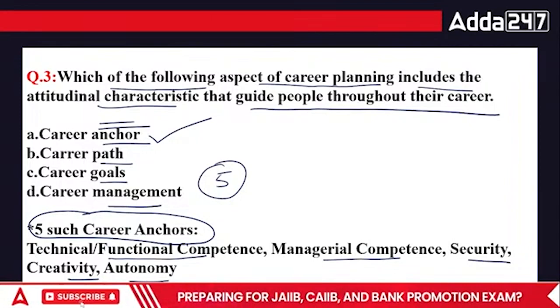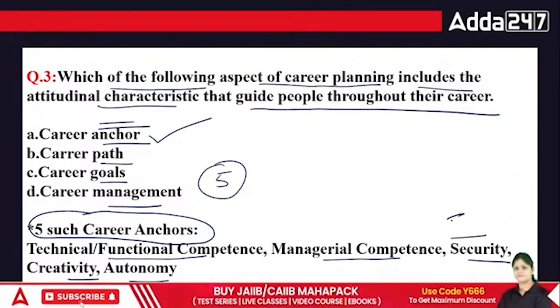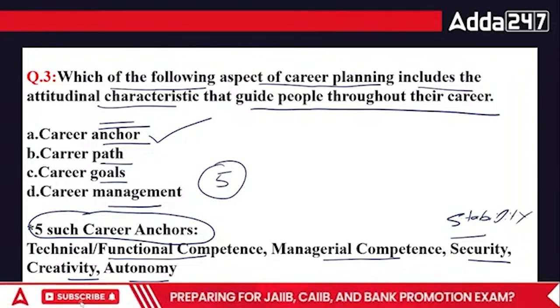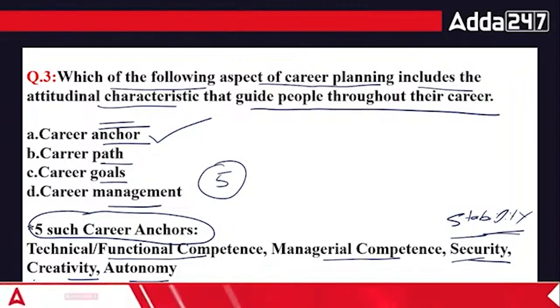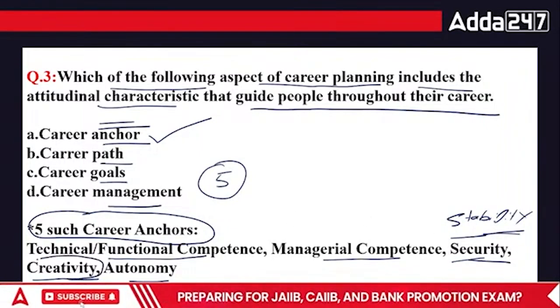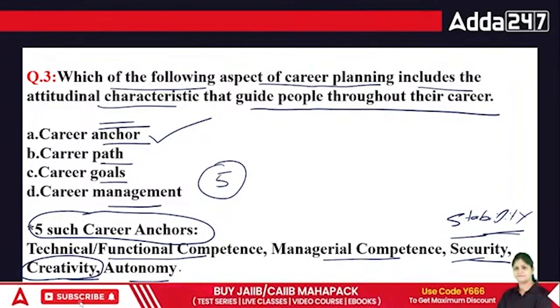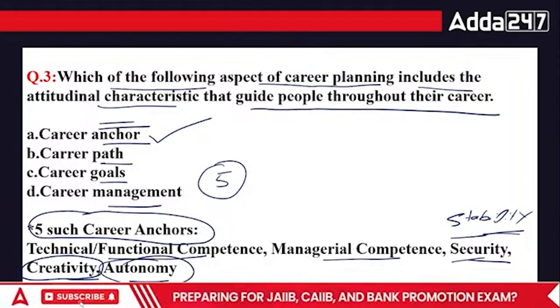Now the next career anchor is security, or stability. What does stability mean? You want a job where you have stability and security, like a government job. Creativity is where you can perform your creativity. Autonomy means you have some autonomy in your work.